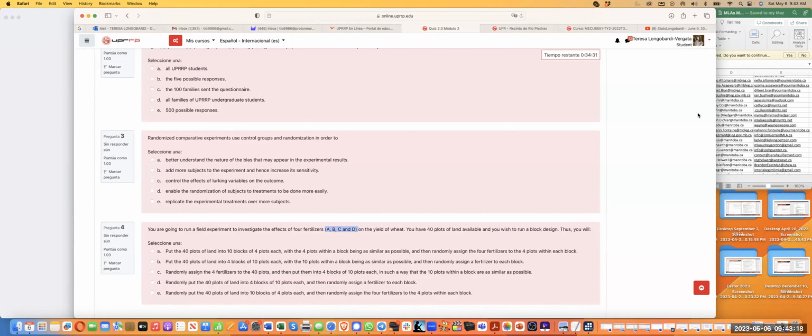But matched pairs is an example of a block design where, in that example of the Pepsi and Coke or the Pepsi challenge, the person behaved as their own block. But in general, the block, whatever the block is, should be as similar as possible. And that's the argument to use the single person. From tasting one can of cola to the other, it's the same person with the same preferences.